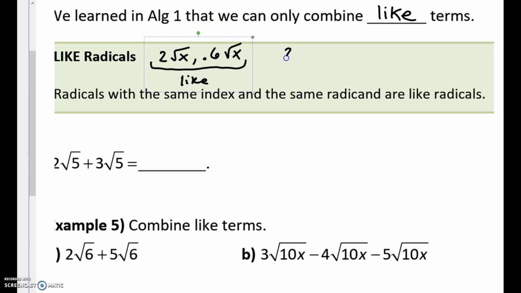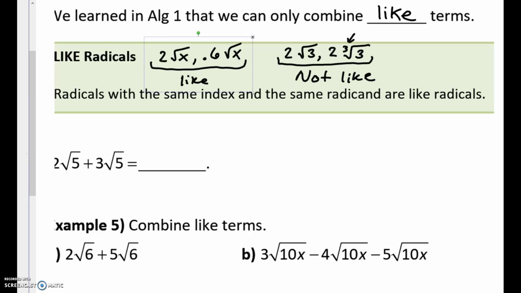But 2 square root 3 and 2 cube root 3 are not like because they have a different index. This is the index in the radical.